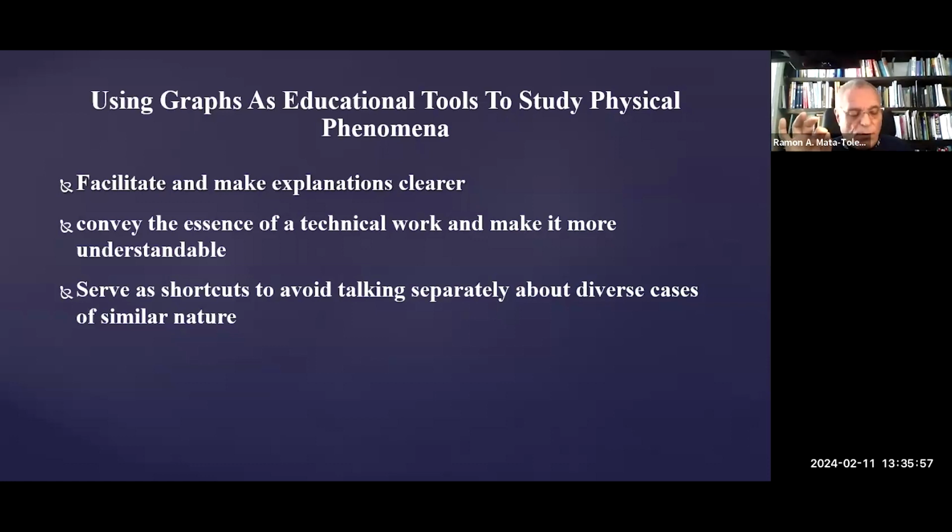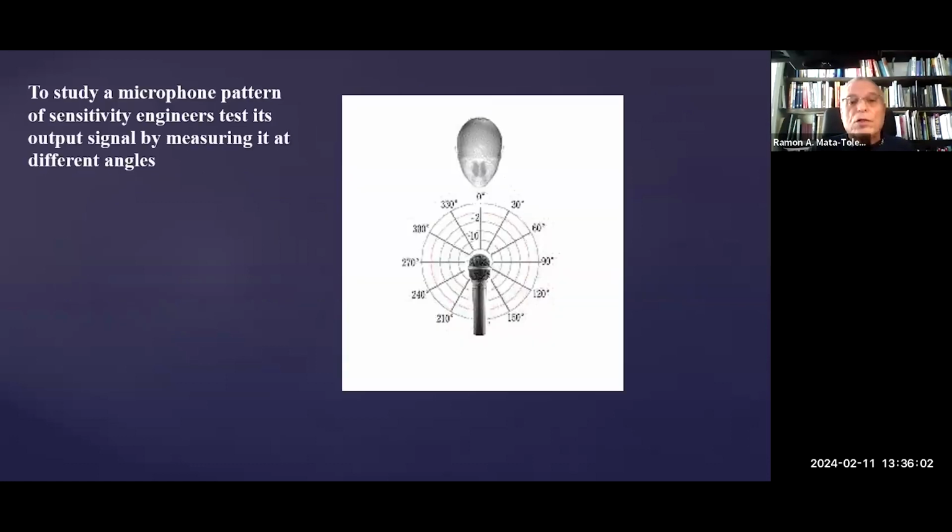We chose for this particular type of student to study the response of a microphone. The reason that we chose the underdamped equation is that it is the closest to the phenomenon that we are trying to study, the closest to acoustics. For instance, when we study the sensitivity pattern of a microphone, what we generally do is measure the output of the microphone from different angles.